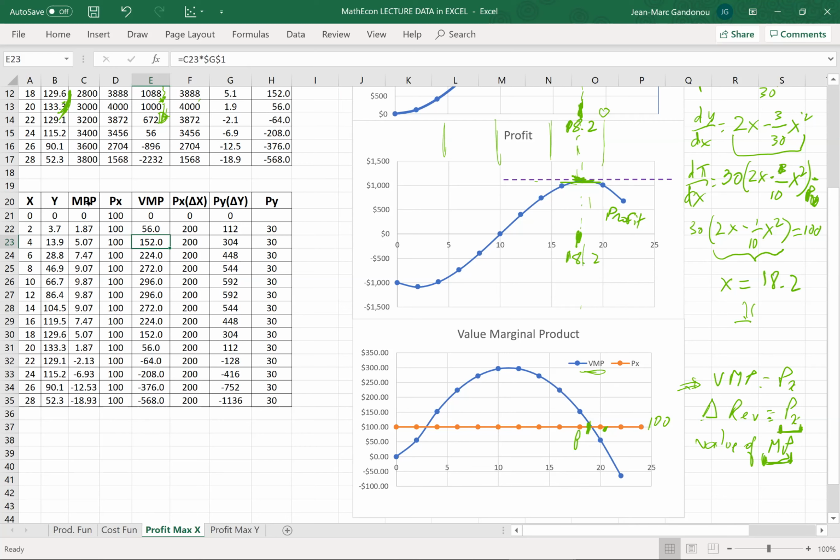That means if you spend more on input to get less than the input price, you're losing money. If you spend, let's say, 30 on input and your revenue is 20, that means you're losing money. But if your revenue is 40, that means that you're making 10.